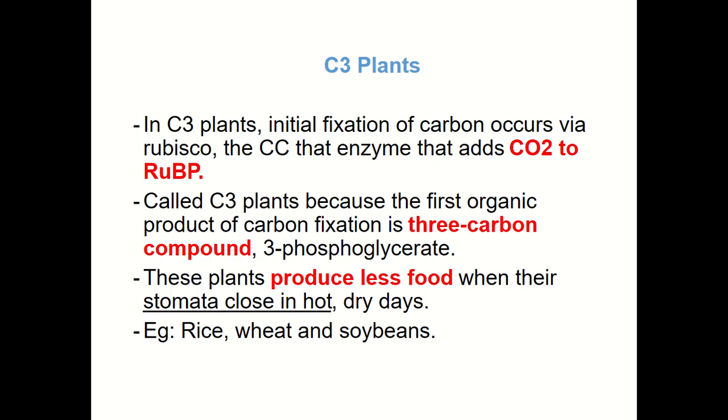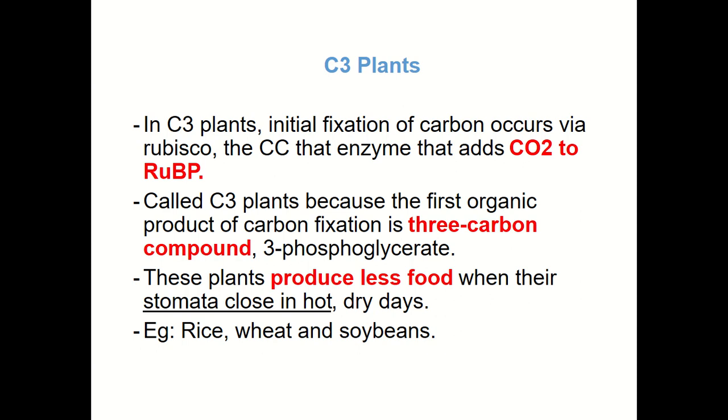So in C3 plants, the initial fixation of carbon from carbon dioxide is via Rubisco, in the Calvin cycle, the enzyme that aids the addition of carbon dioxide to ribulose bisphosphate.